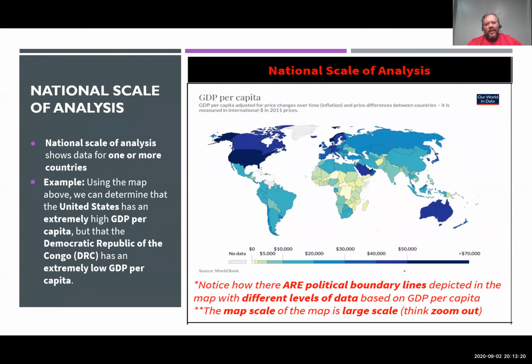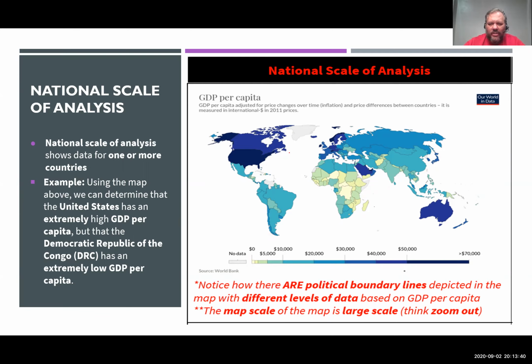All right. Now we have what they call a national scale of analysis. And this is where it can get a little bit tricky. I want to make sure that you are clear on this. So obviously this is a map of the world, right? Now, the trick to figuring out which scale of analysis we're talking about is how the data is being presented.